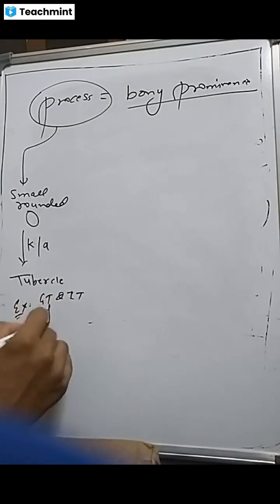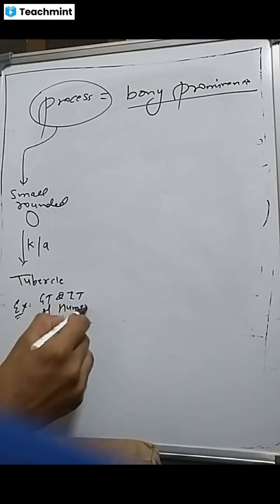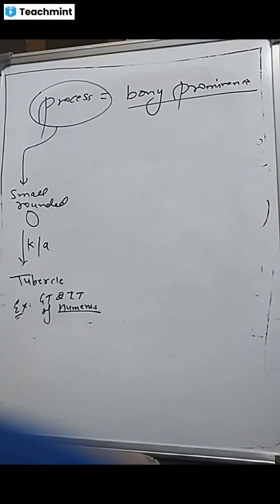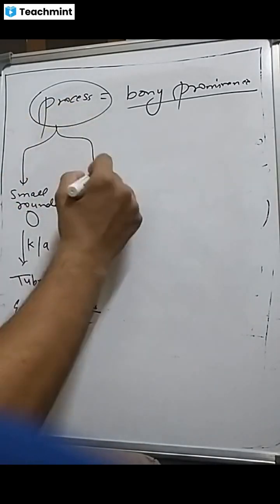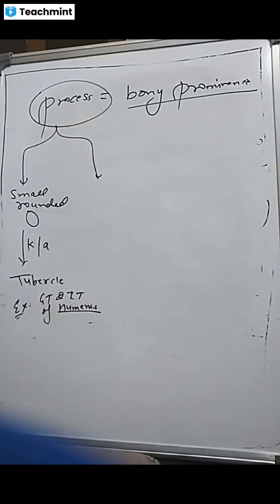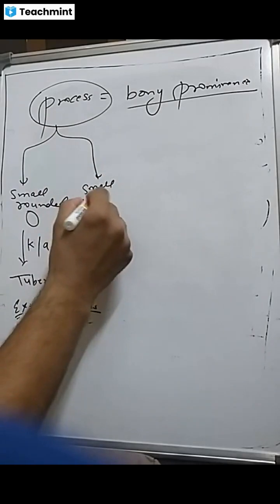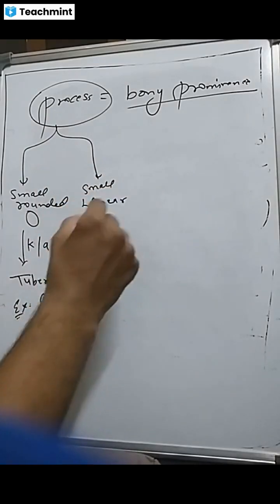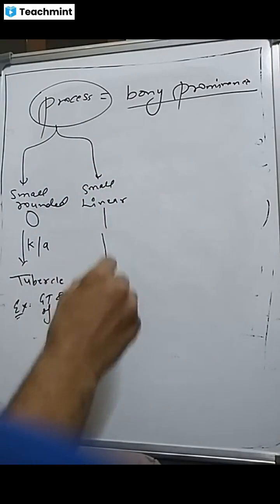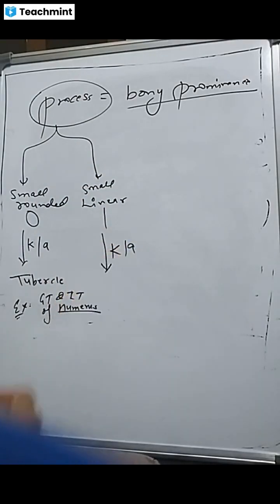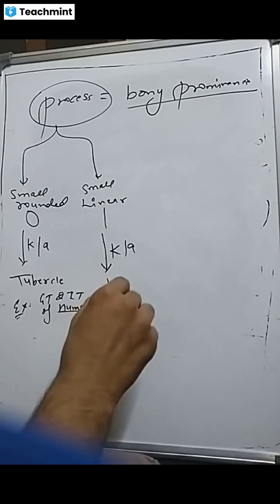Lesser tubercle of humerus. When it is small but linear, just like a line, then it is known as line.